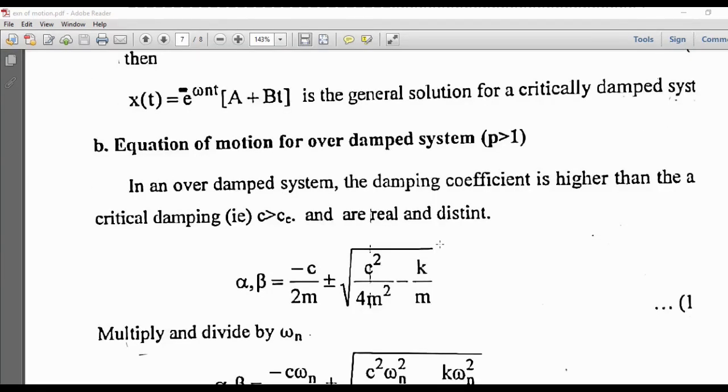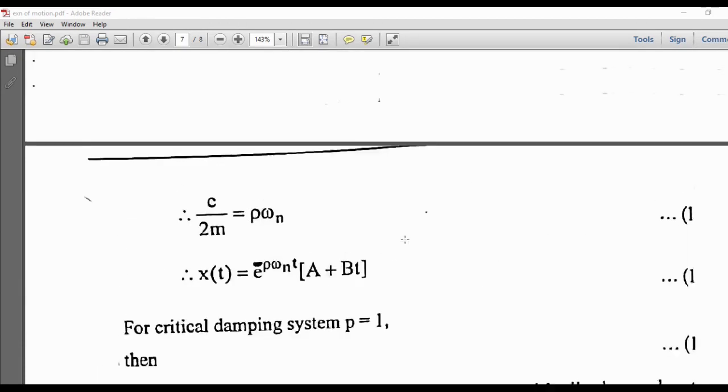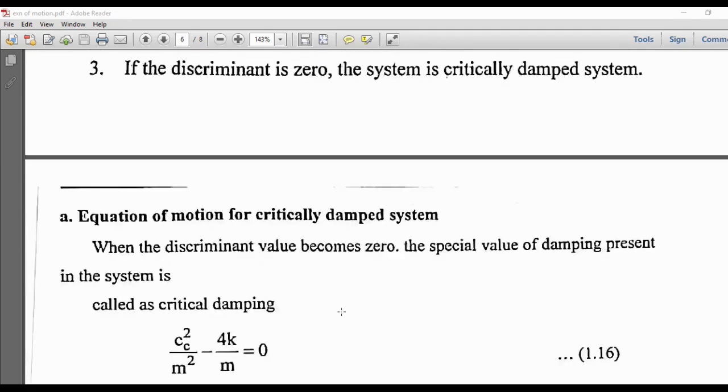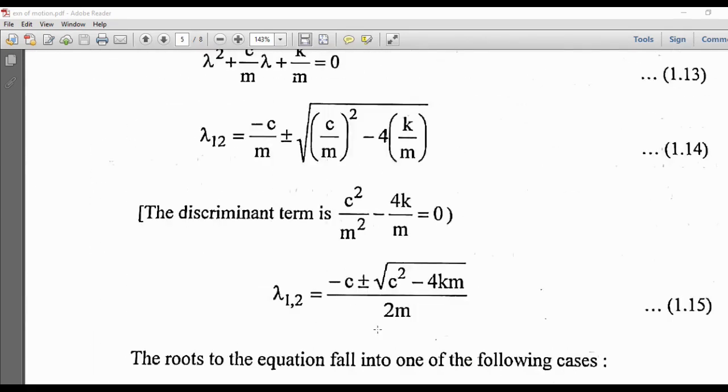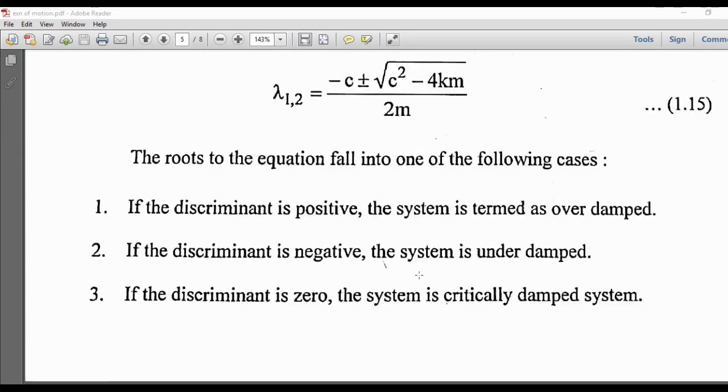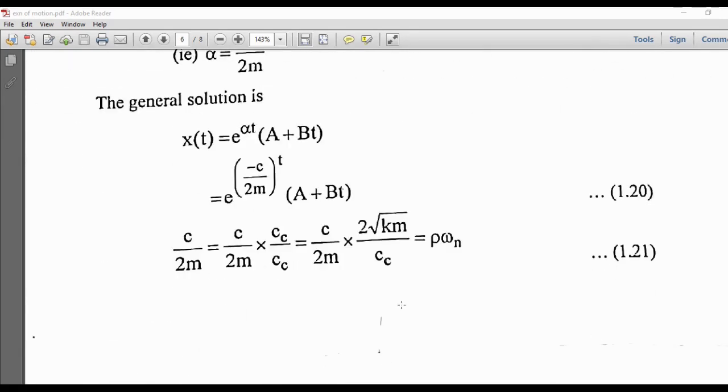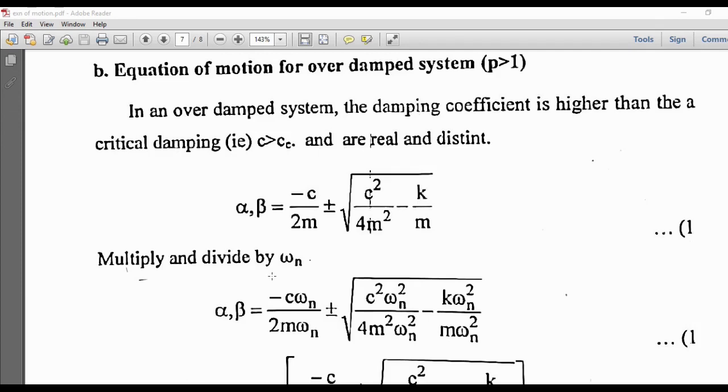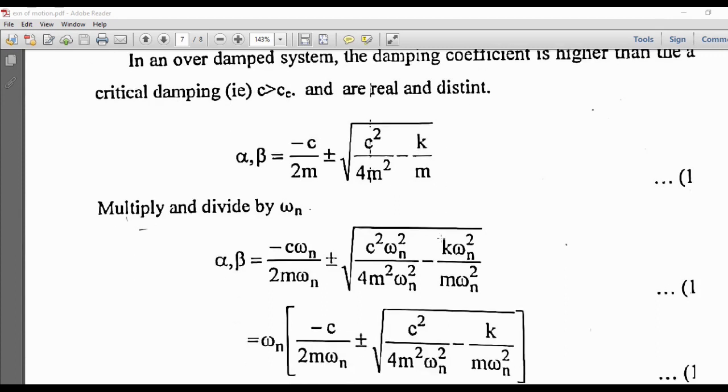For an overdamped system, the discriminant is positive. So I know both roots are real and distinct. These are the roots. So that is, alpha is minus c by 2m plus or minus root of c square by 4m square minus k by m.